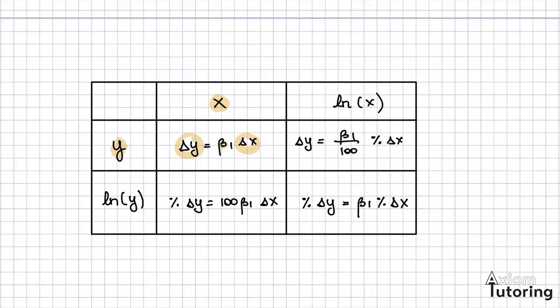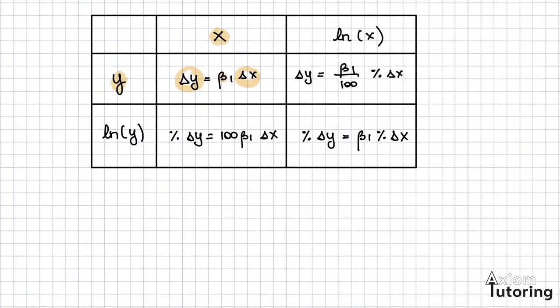The only thing that changes is that to that long sentence that has the interpretation, we're going to have to add at the end a very important word. Some of you might be instructed to simply write ceteris paribus, or you can also write holding everything else constant.